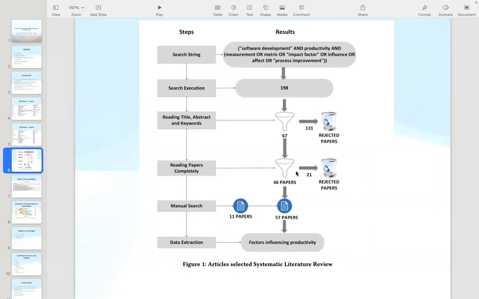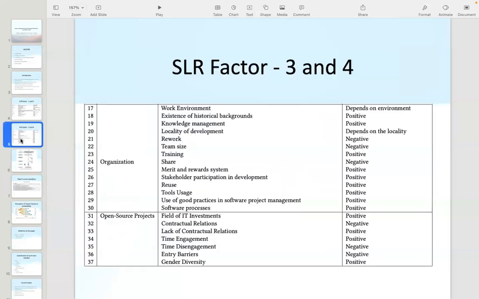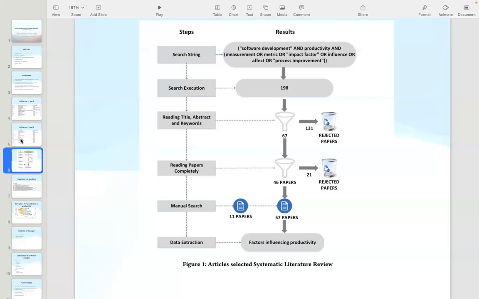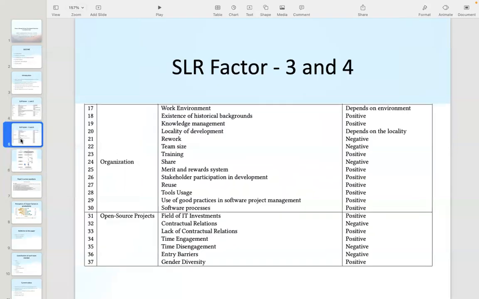After that, they further rejected 21 papers. They added 57 papers, and they manually searched some 11 papers and added those 11 papers to these 46 papers, resulting in 57 papers. So all these factors that you see are the result of 57 research papers combined, and they have categorized and narrowed it down to 4 major factors.